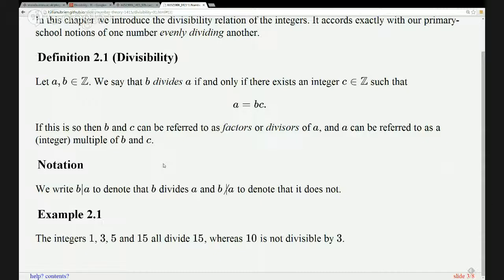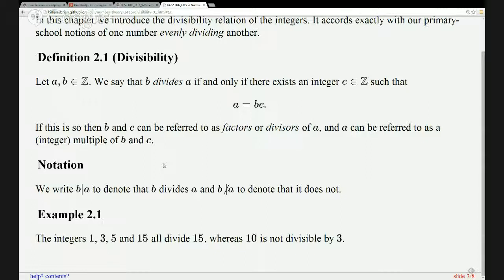They'll write sentences like, if b straight line a, then b is equal to a times some other integer. But they're interpreting this as saying that a divides b. No, that's getting it backwards. This is b divides a. The symbol stands for divide, so b divides a. The order is important, isn't it?